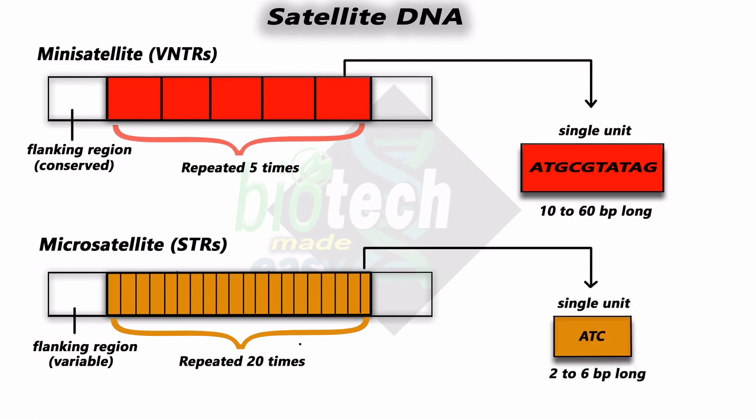If you see the enlarged view of one unit, it has ATC, that means a 3 base pair repeat pattern. A single unit may be made up of 2 to 6 base pairs. So it can be 2 to 6 base pairs long. The flanking regions are also present here, which may be variable. So this is different from minisatellite.